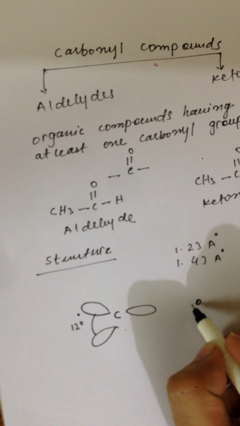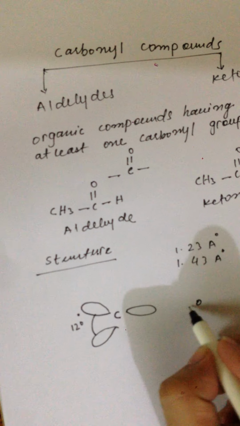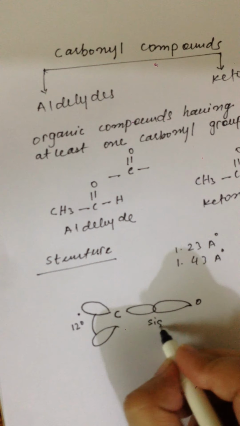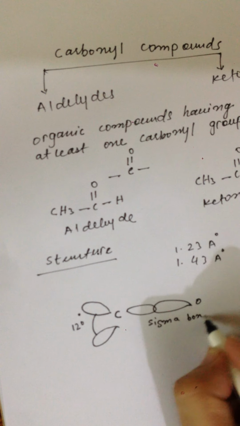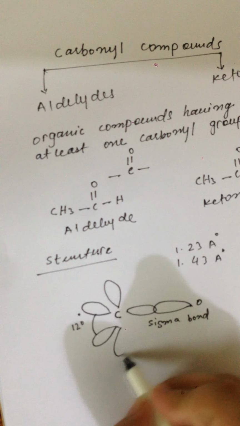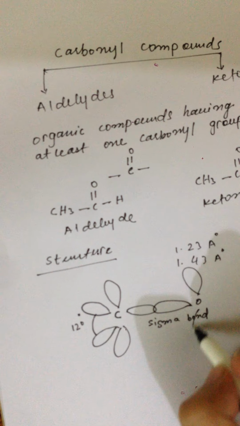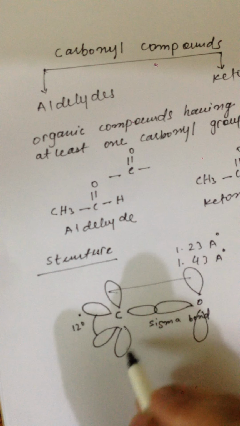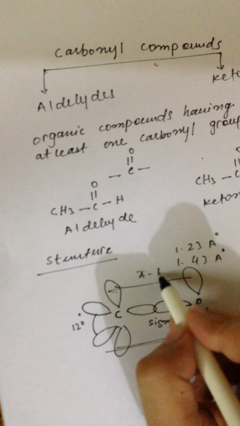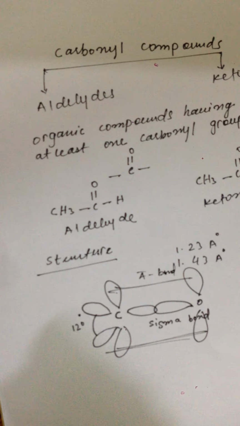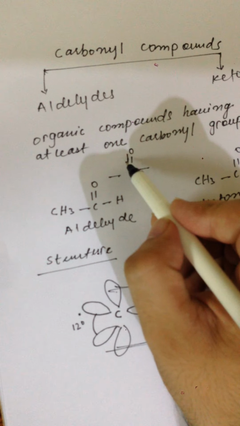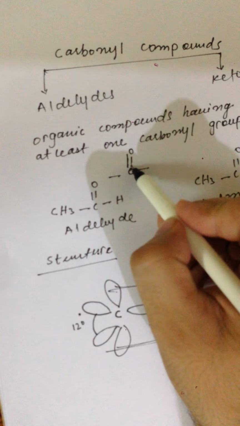So it will form a bond with this here, a sigma bond, and there is one unhybridized orbital on carbon and one on oxygen. So they will have a parallel overlap resulting in a pi bond. One of these bonds is a sigma bond and the other is the pi bond.